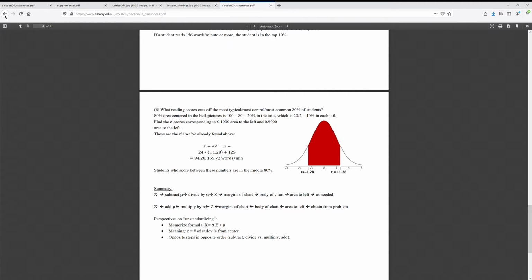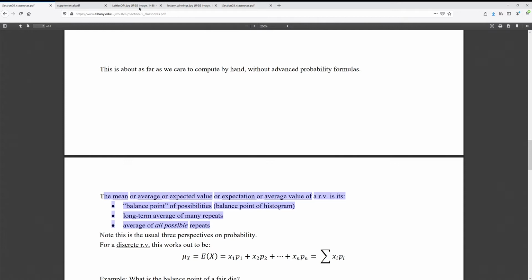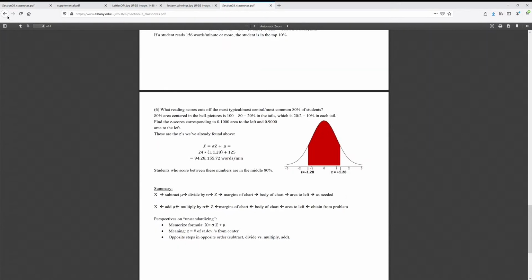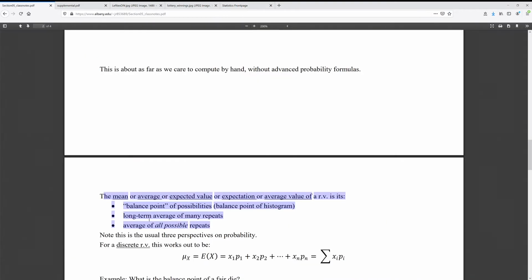So, thought of as the balance point of possibilities, this makes sense regardless of whether it is very jaggedy, many bars, or theoretically smooth, as in the case of some of our section 3 examples. However, that being said, it makes sense as a concept, whether it's a discrete or a continuous random variable.